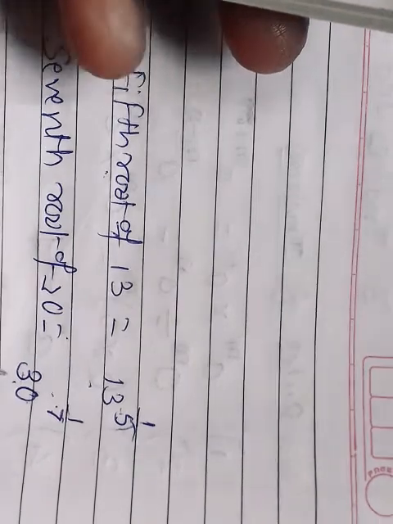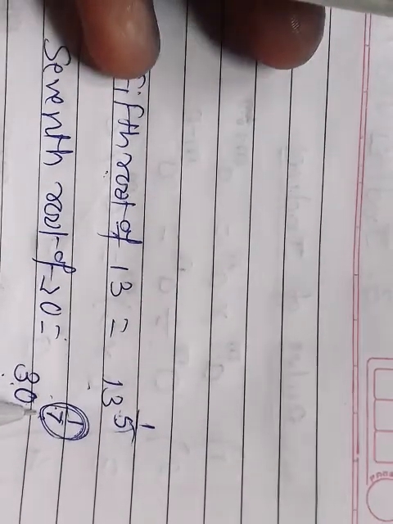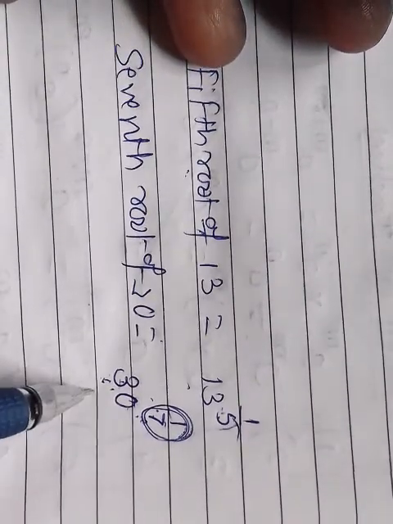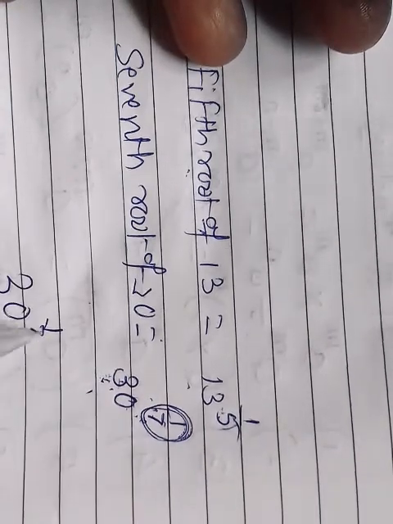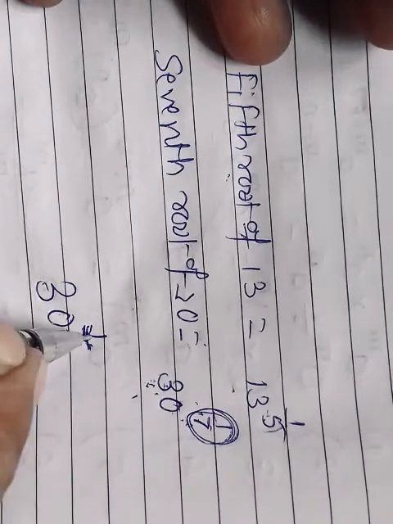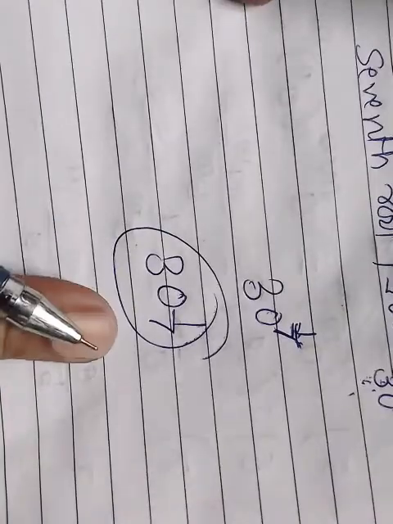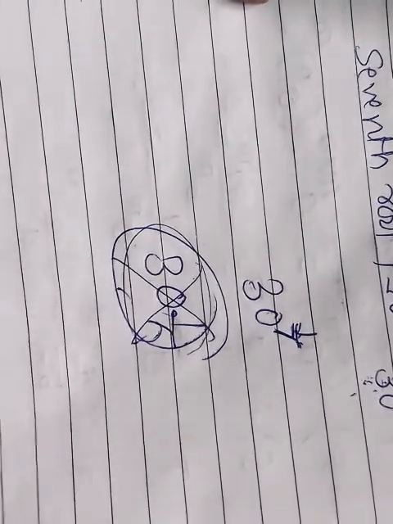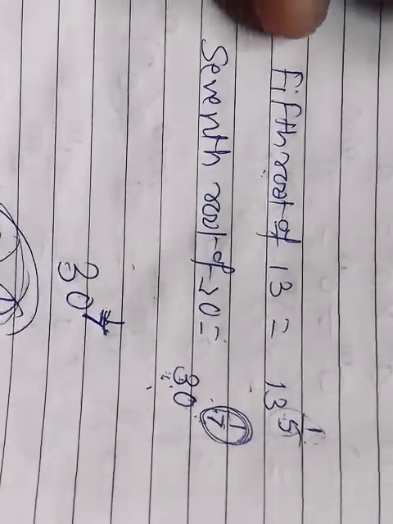So how to read it? Seventh root of 13. See, the index should be written smaller and your base should be bigger, because it should look like a power: 1 upon 7 is the power of 13. Otherwise, if you write 13 1 upon 7 this way, it is not considered a power. So it should look like a power; you have to write it in power form only. Understood?